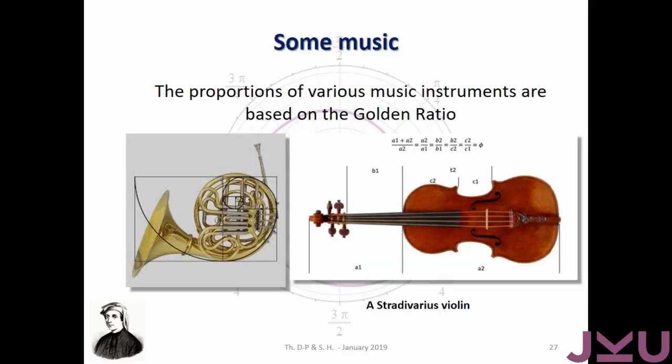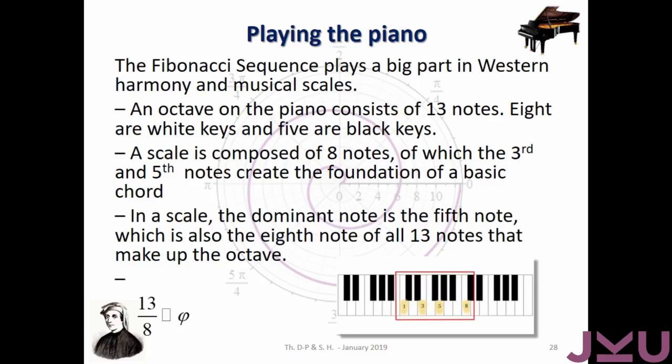And here, for the head of the violin, you have a spiral, which is also a Fibonacci spiral. You have that in piano, in octave. An octave has 13 notes, divided into 5 black and 8 white.